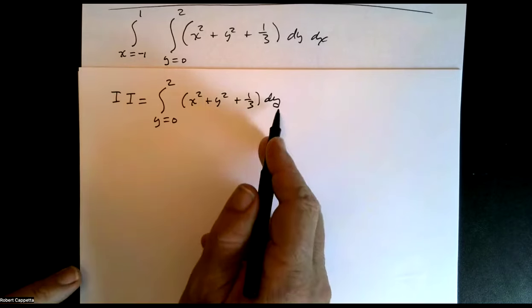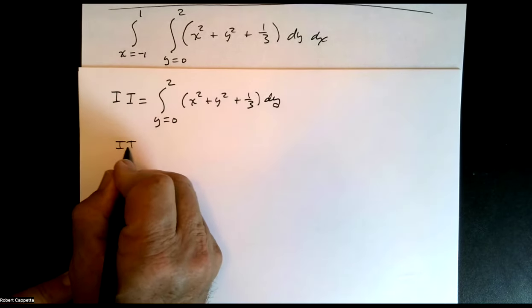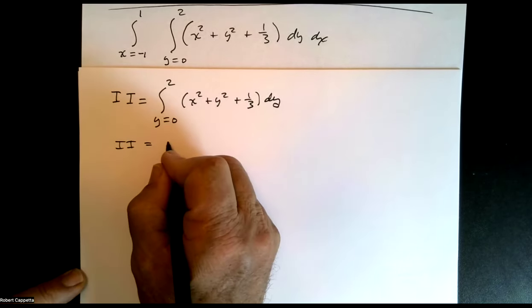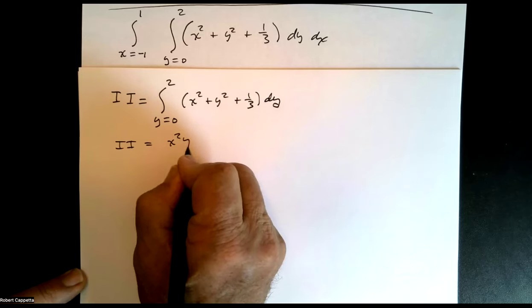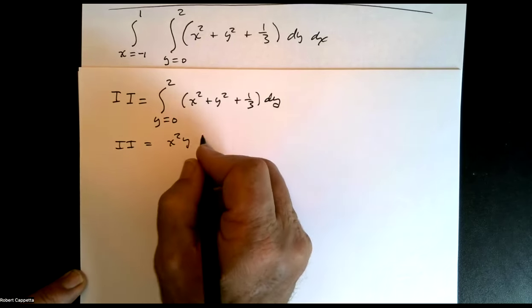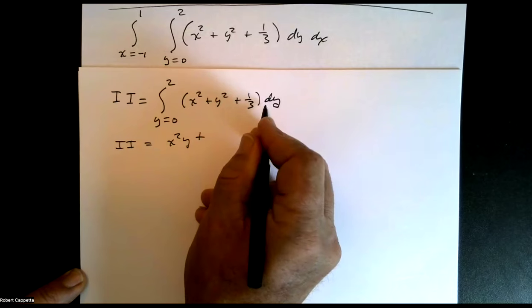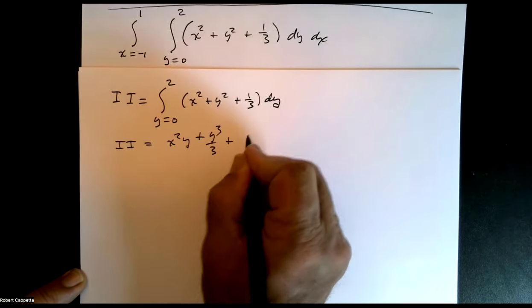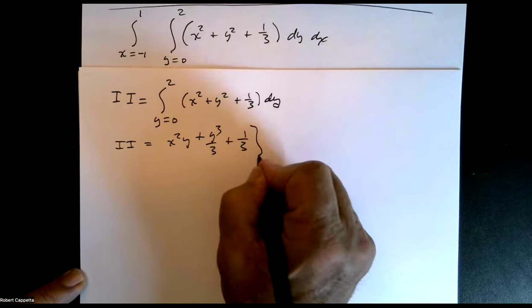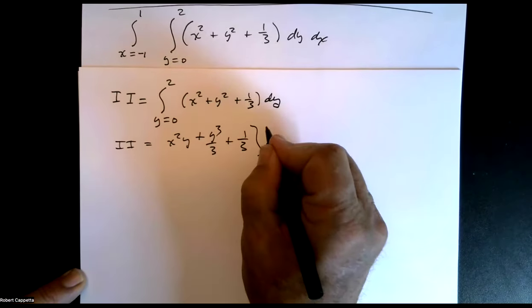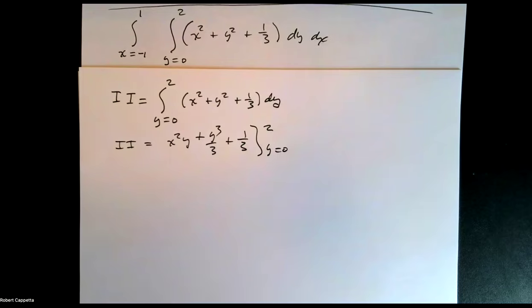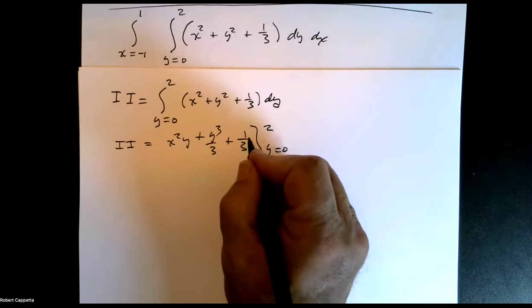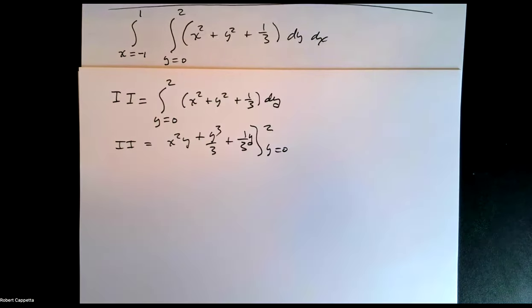So that our inner integral becomes with respect to y, x squared y, because x is perceived as a constant. The integral of y squared with respect to y would be y cubed over 3, plus 1/3 evaluated as y goes from 0 to 2. Small correction, integral of 1/3 is 1/3 y with respect to y.